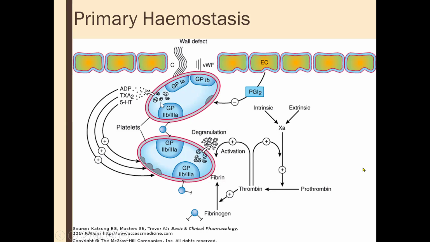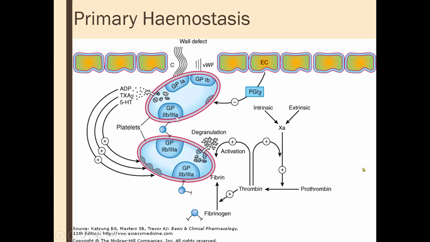All right. So this is the first step, the adhesion. Once the vessel is injured, collagen and von Willebrand factor get exposed, and platelets will be attracted to them, right? So that is adherence. Then there will be activation. In the last picture, we saw there are shape changes in the platelets, right?